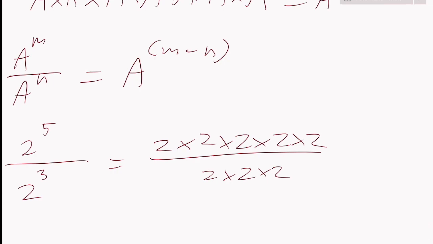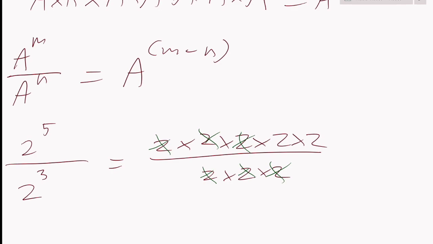Equally, if you have a fraction like this and everything is a multiplication or a division, you've got no addition or subtraction, you can just cancel anything that's the same. So I'm multiplying by a 2 here and then dividing by a 2. So we know that multiplying and dividing by the same number gets you where you started. And we can do that again and again. So we can cross off, this is cancelling out the 3 2's on the bottom with 3 of the 5 2's on the top, and we just get 2 times 2 over 1.